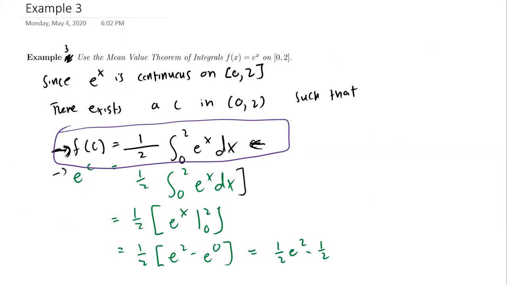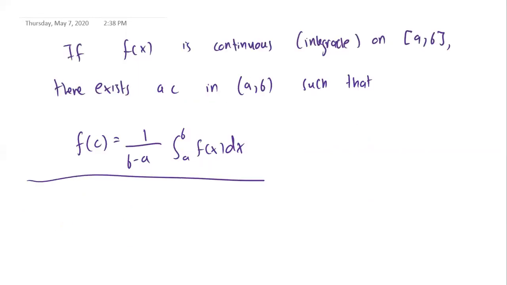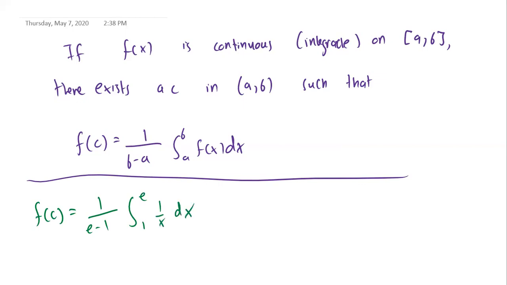So in our case, we had that there exists a c such that f of c equals 1 over e minus 1 times the integral from 1 to e of 1 over x dx, right? This is by the mean value theorem. 1 over x is continuous on the interval 1 to e, so that's the only thing you have to check.